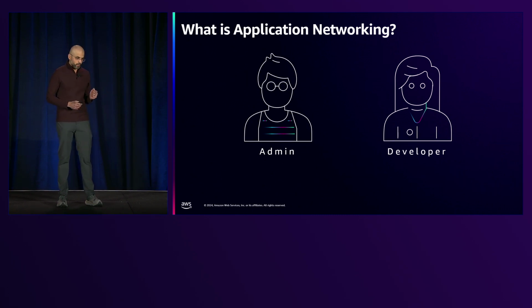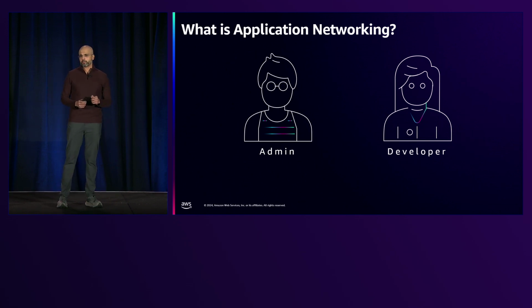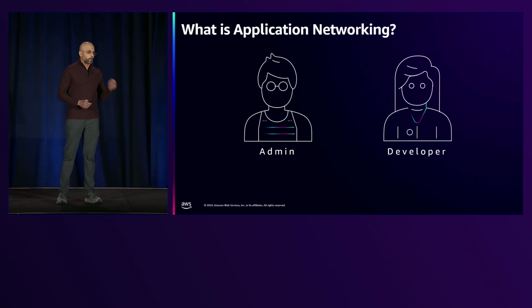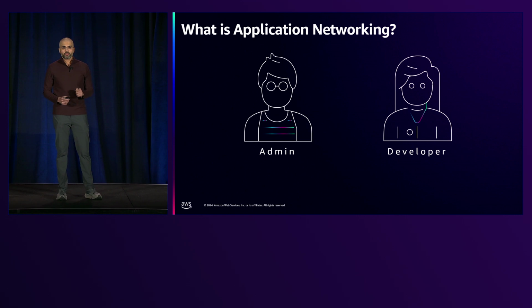For example, a network admin cares about how two IPs in their network connect and how secure the communication is. They don't necessarily care about what's behind those IPs. Developers, on the other hand, care about the application, not the network. They want to build their applications as efficiently as possible. That is, they want to build their business logic as efficiently as possible.